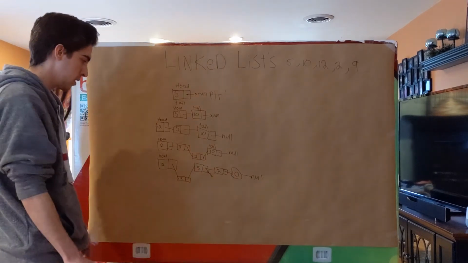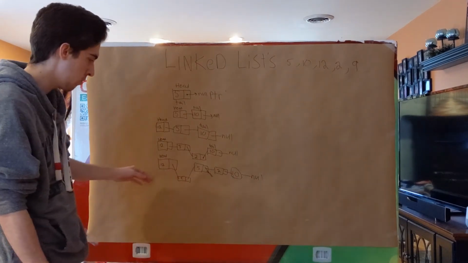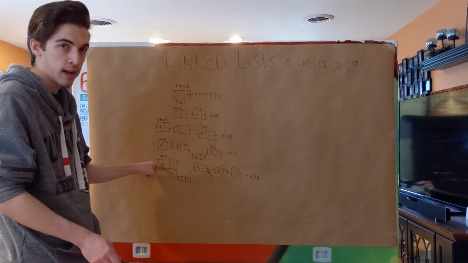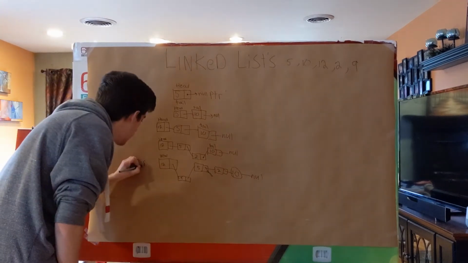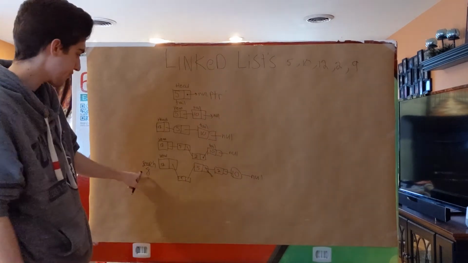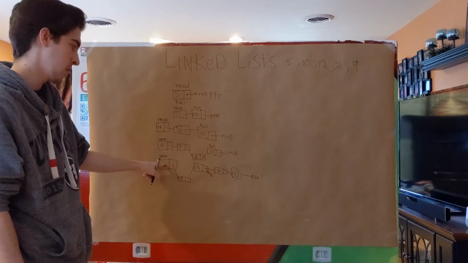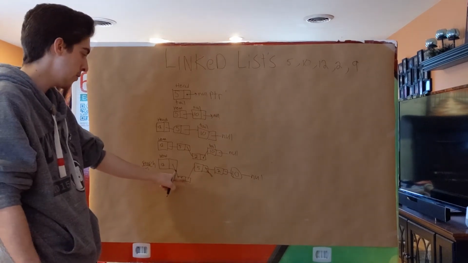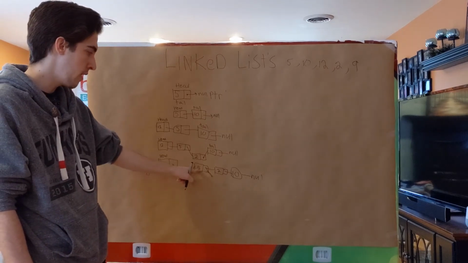Now let's say we're looking for 8. 8 doesn't belong, but let's go over what it would do. Start at the head, which is 12. Is 12 equal to 8? Nope. Where does 12 point to? 12 points to 9. Is 9 8? No. 9 points to 5. Is 5 8?